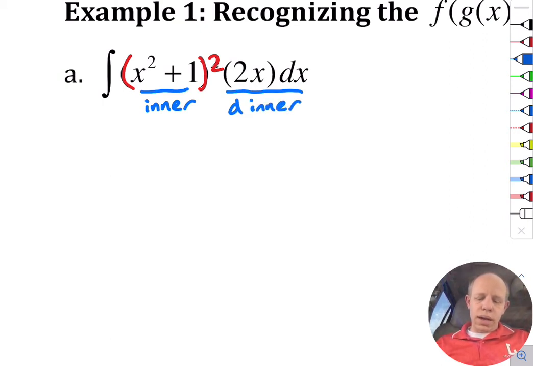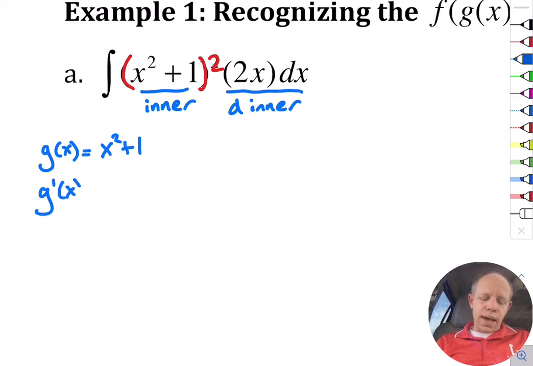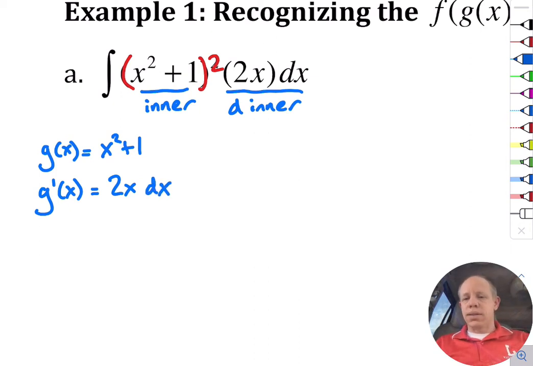Okay, so another way that we can think about this is that we could let that inner function be some other function like g of x. Okay, and so we'll just call that x squared plus 1. And then when I find the derivative of that, g prime of x would be 2x. And we're going to do something special here. We're going to put a dx. So whenever we do this, let's go ahead and just put a dx there, recognizing that it is the chain rule.